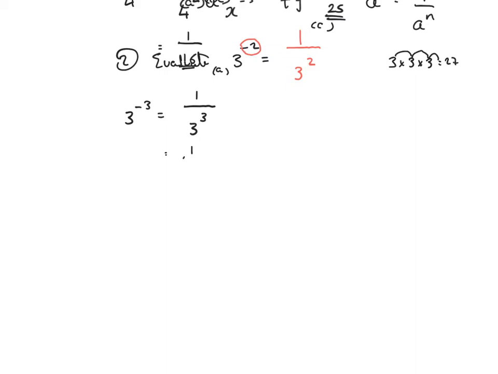So it's 1 over 27. Okay, next one, which is going to be 2 to the minus 4. That can be written as 1 over 2 to the 4. It's 2 times 2 times 2 times 2. 2 2s are 4, times it by 2 is 8, and times it by 2 is 16, 1 over 16.